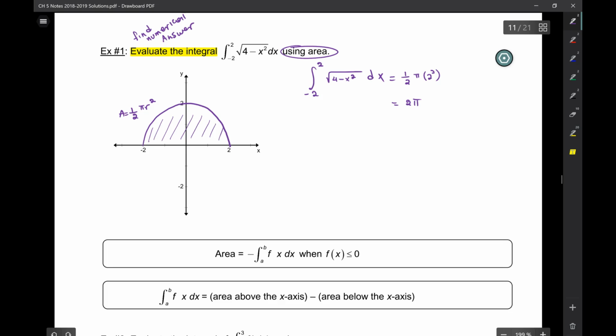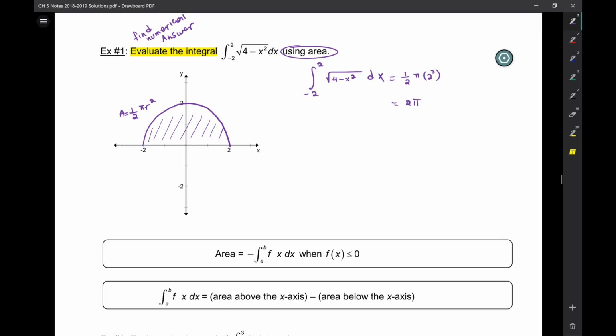Very important concept here. If you are asked to evaluate an integral using area, I'm going to be looking for area formulas from geometry. You will be given shapes like a rectangle, a semicircle, a triangle, whatever.